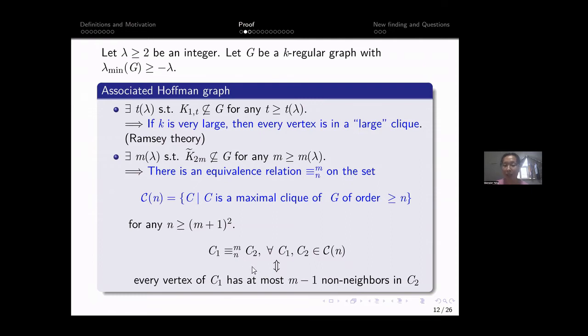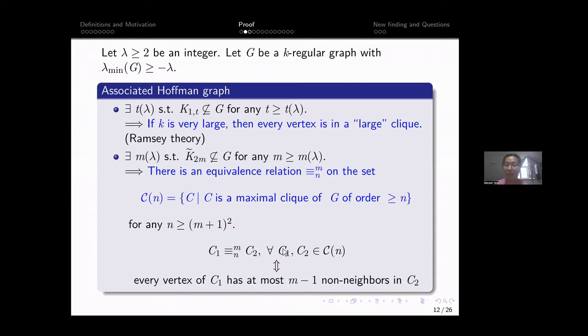Here is how we give the relation. We say that two cliques have a relation if every vertex in C1 has at most m-1 non-neighbors in C2.